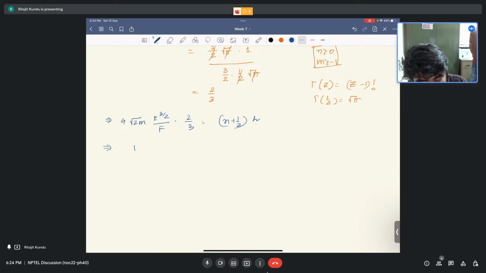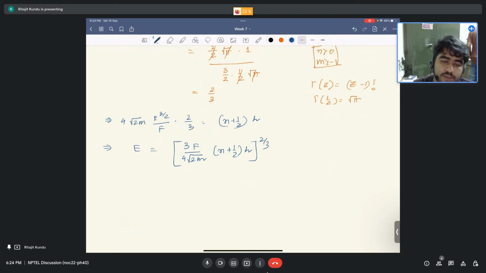You take all of those things to the right hand side, so it becomes 3F by 4 square root 2m, times n plus half times h, to the power 2 by 3. I hope I am not missing any constants here. This is how the energy depends on the quantum number.